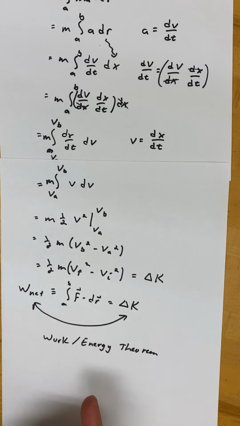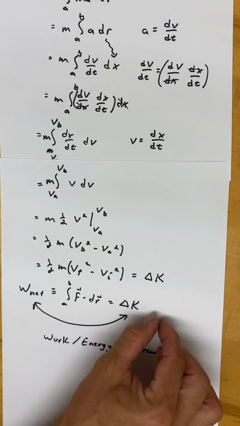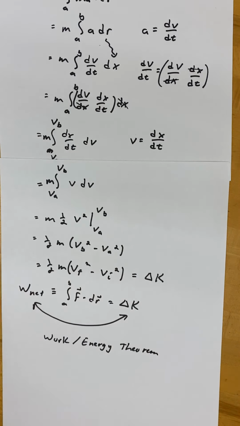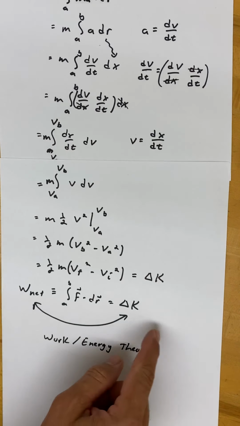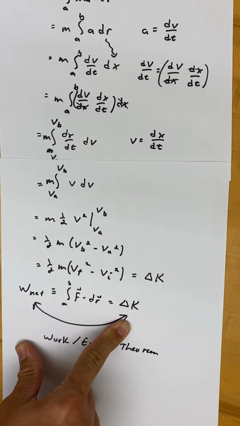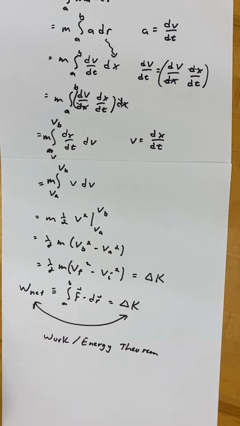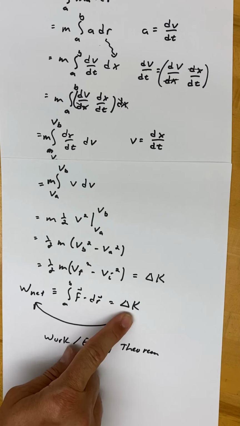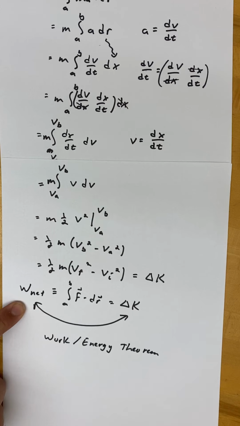Spoiler alert, if you go along to advanced courses, you might have other terms here to talk about potential energies. And we're going to see that come out in the next section when we talk about the conservation of energy. But for now, just hang on to this. With the work energy theorem, you can discover the change in kinetic energy by knowing what the net work is.